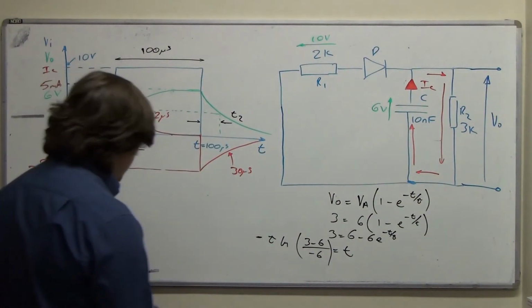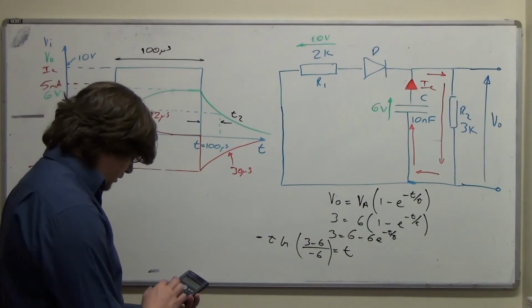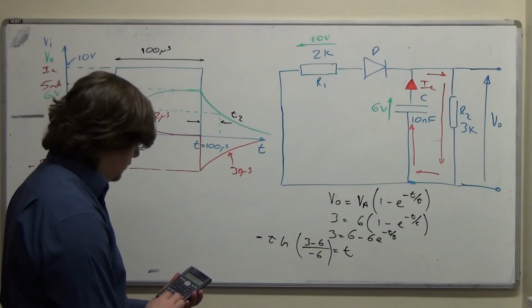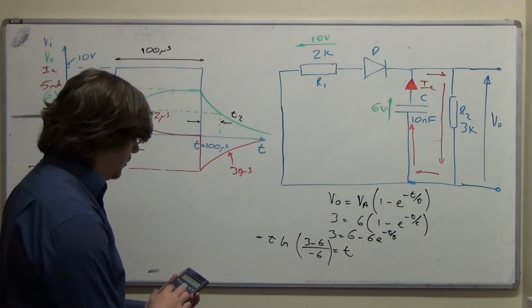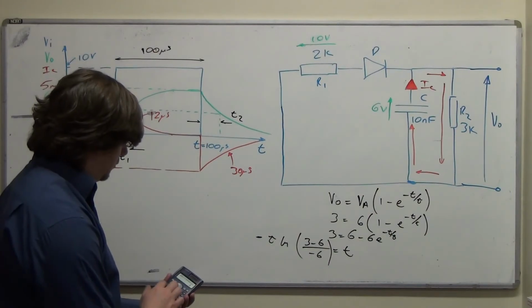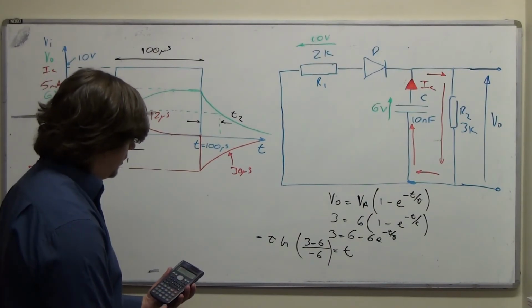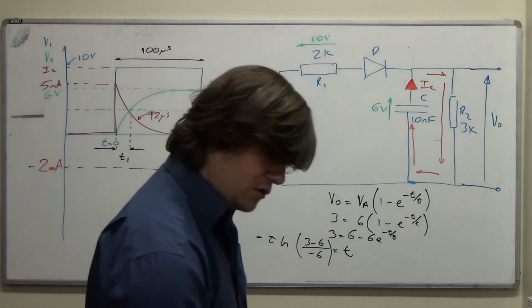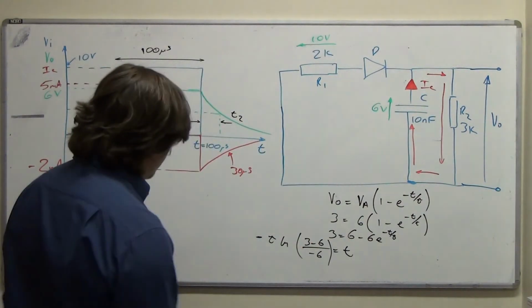So t is minus 12 microseconds times the logarithm of (3 minus 6) divided by minus 6, which is 8.3177 microseconds.